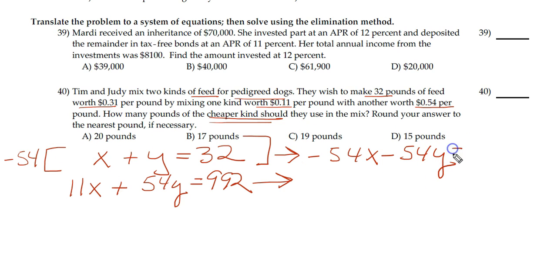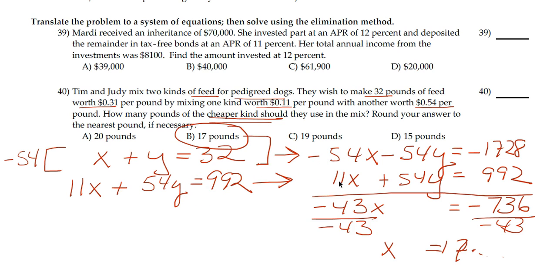And this will become a negative 1,728. Again, I did these already. Now this one we're just going to copy. 11x plus 54y equals 992.